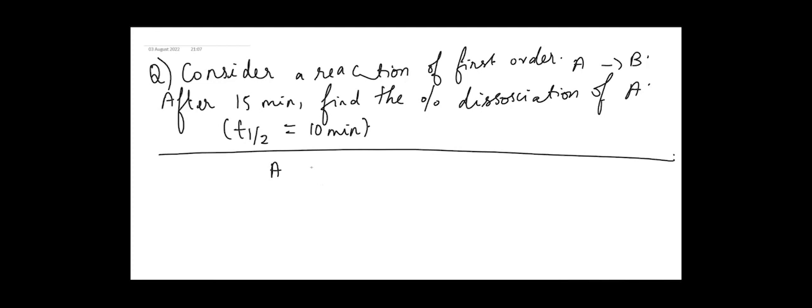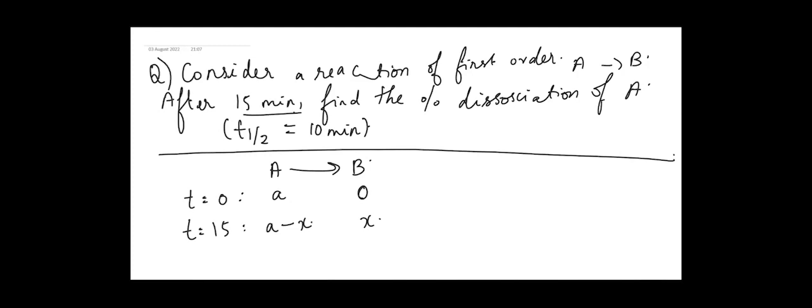Suppose at time t equal to 0 the number of moles of reactant A is small a, and on the product side it is 0, and at time t equal to 15 minutes, as given in the question, a factor x has been reduced, and the same factor x would have been added on the product side. This is the general procedure we follow.